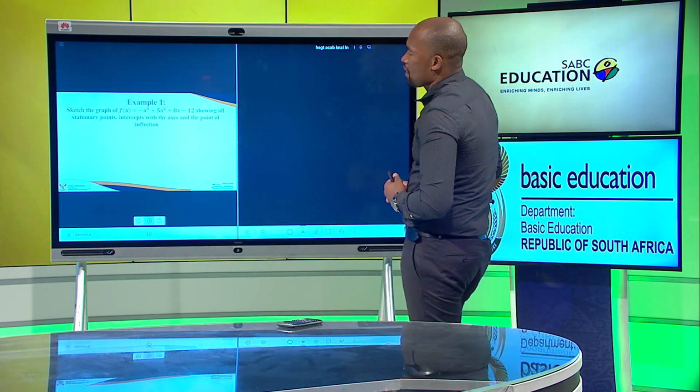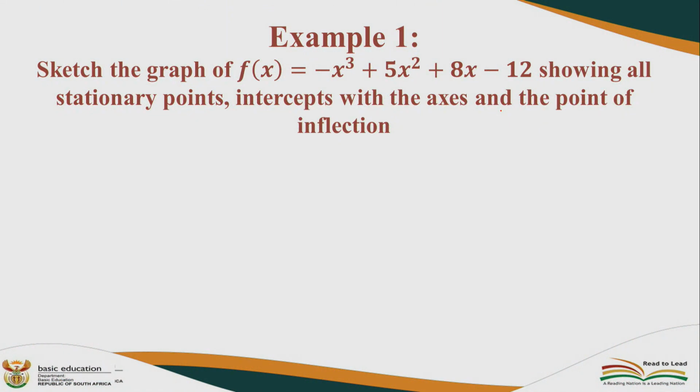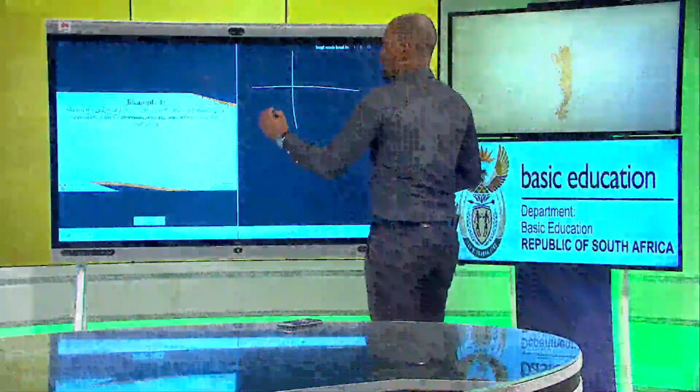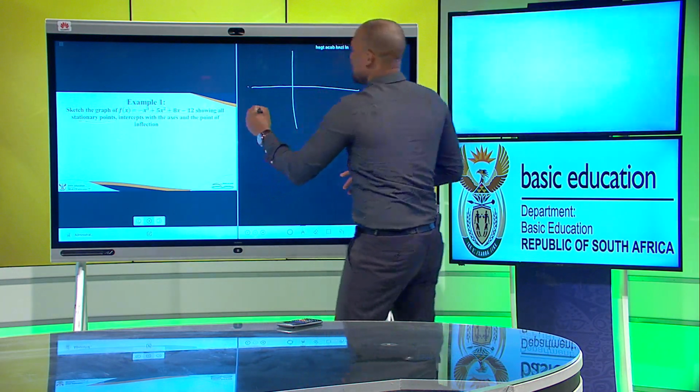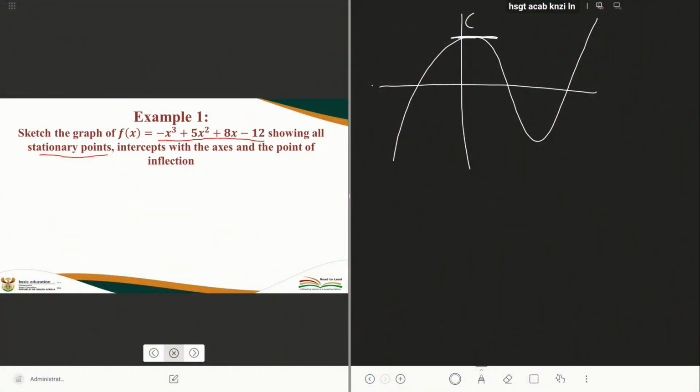Sketch the graph of f of x equals negative x cubed plus 5x squared plus 8x minus 12, showing the stationary points. So we must remember that in this problem, I must not forget to show the stationary points, those turning points. It means I must get those turning points for me to get marks.